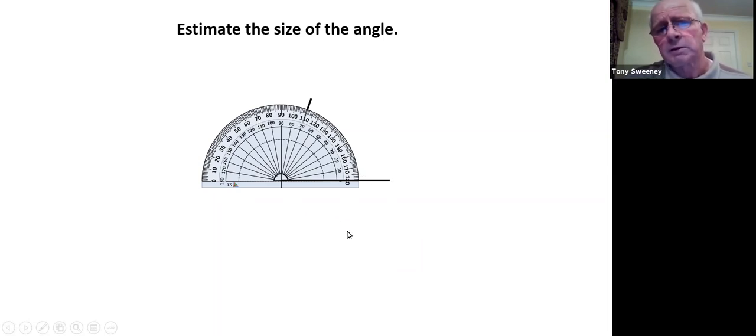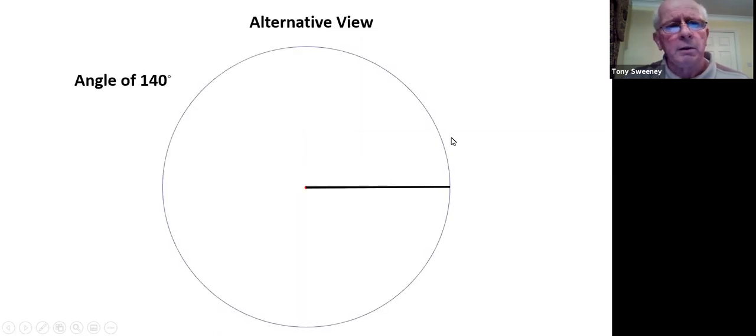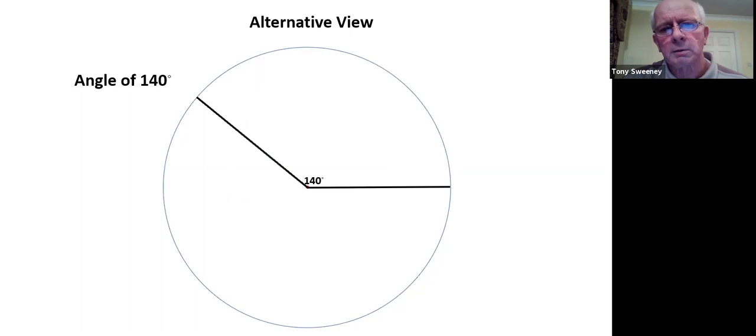The fact that students can estimate an angle means that they're saved from making huge mistakes. So that's the benefit of that. So 70 degrees. Now, looking at it from an alternative view, if you look at an angle of 140, a student might like this better. So something like that, 140 degrees.